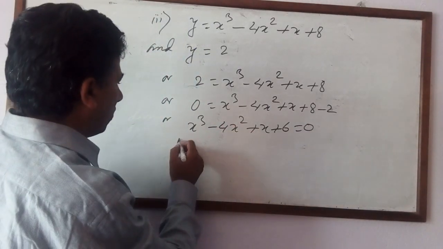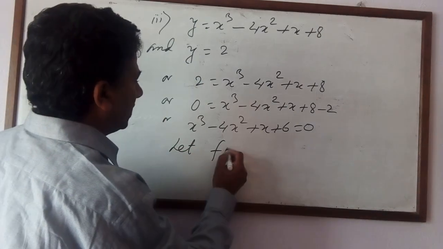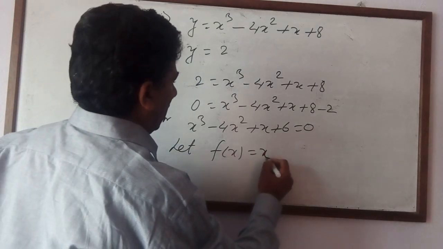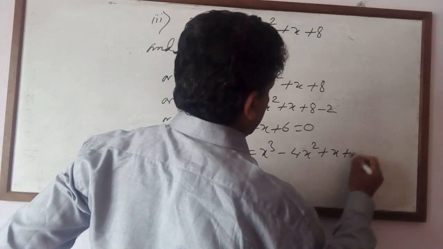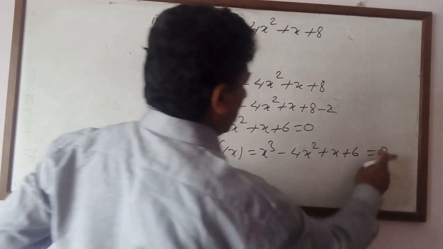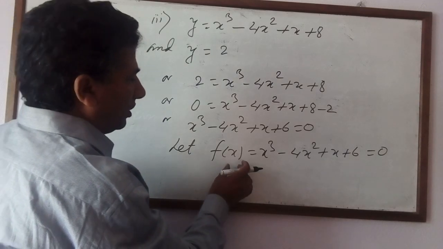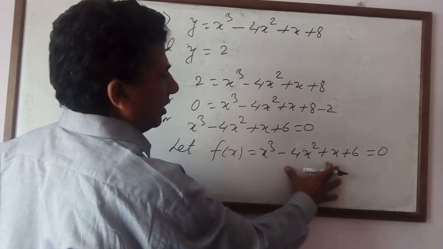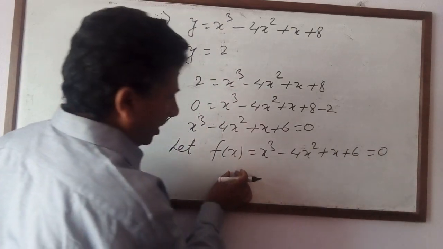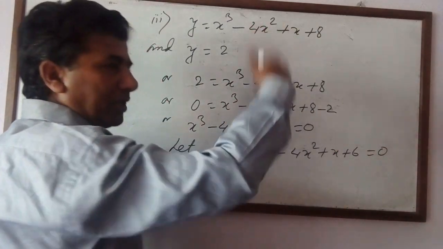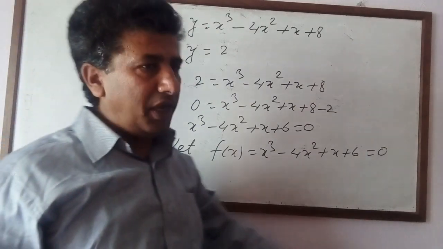Then from here, let f(x) = x³ − 4x² + x + 6 = 0. That 0 you can write here also, f(x) = 0, and again the same method you can use and solve it.